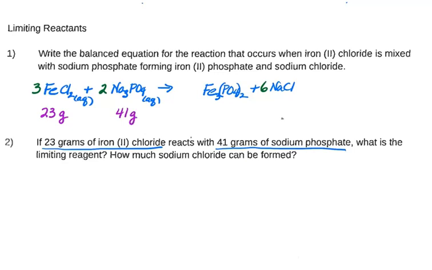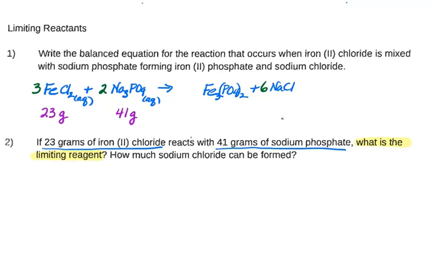Now this is just like my sugar and my eggs, where I told you we had 3 cups of sugar and 9 eggs. Here's what I have. It does not mean I'm going to use every bit of it, but that's what I have. Okay? So we want to know what is the limiting reagent. Okay? So in other words, which one is going to make the least number of recipes?